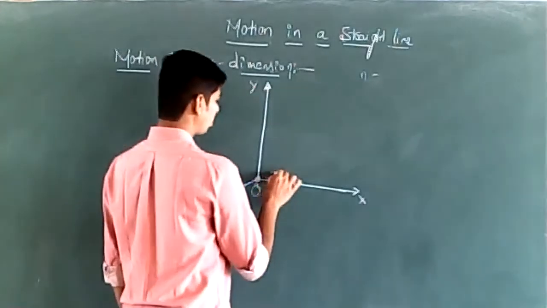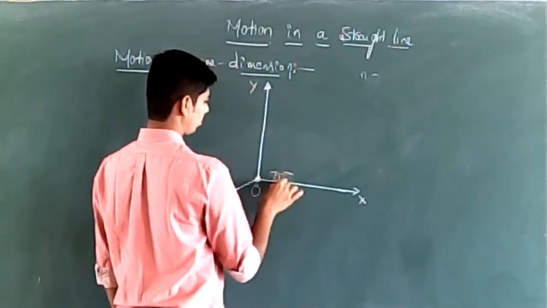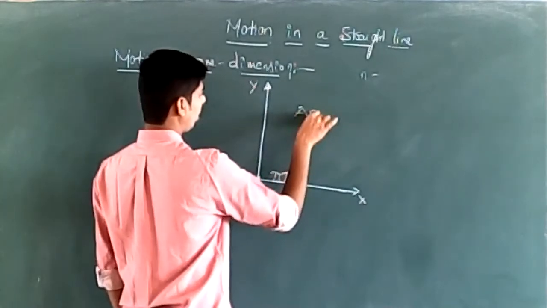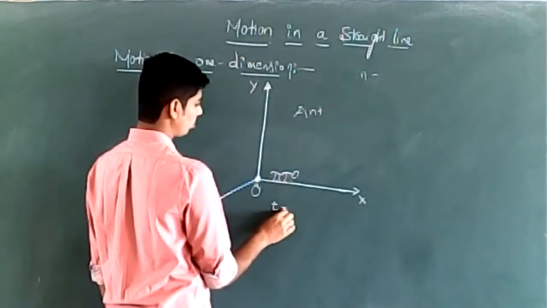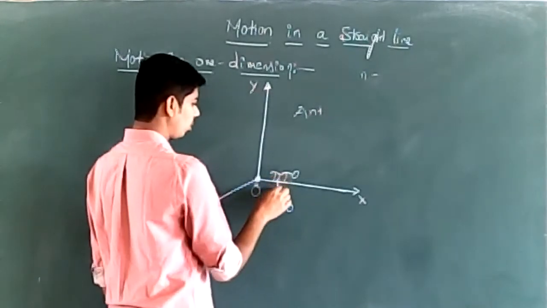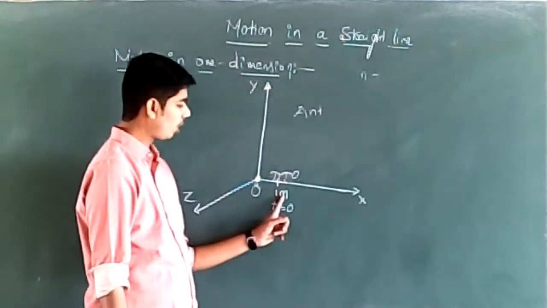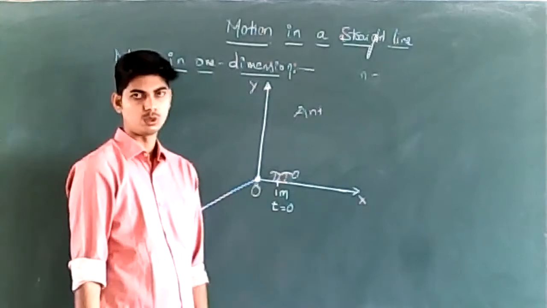Let us suppose here is an ant. This is an ant, and at time t equals 0, the ant is at 1 meter from the origin. See, the position of the ant is 1 meter from the origin at time t equals 0.